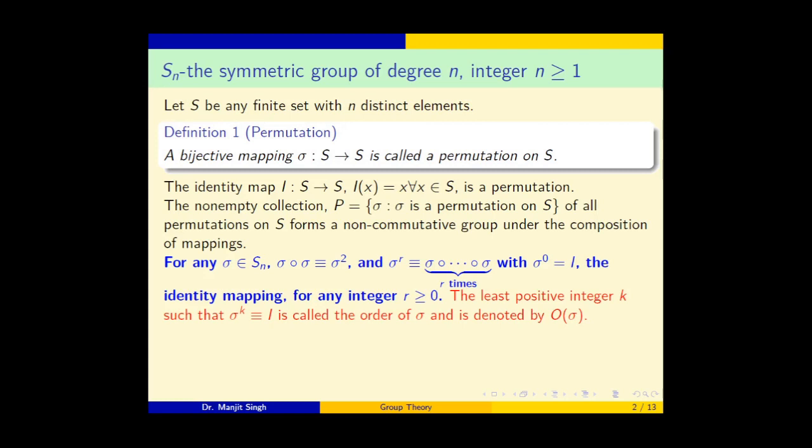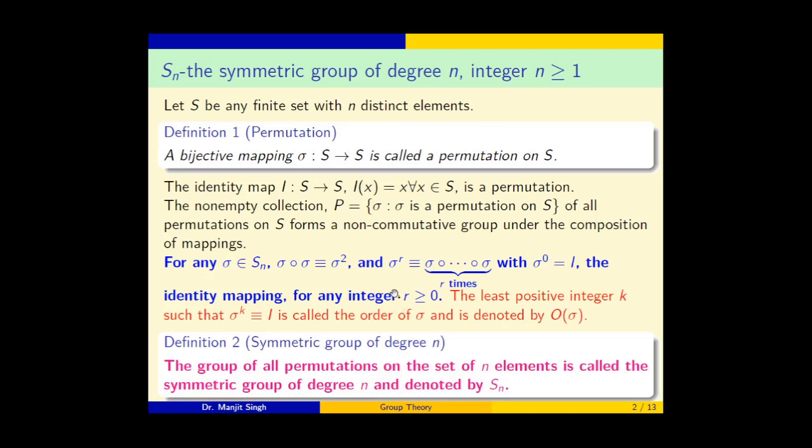Such a least positive integer k is called the order of sigma, and it is denoted by O(sigma). So the collection of all permutations on the set S forms a non-commutative group under the composition of mappings, known as the symmetric group of degree n, denoted by Sn.